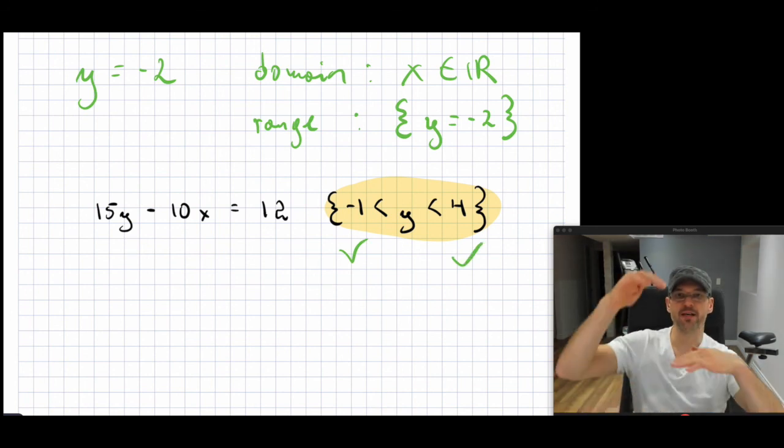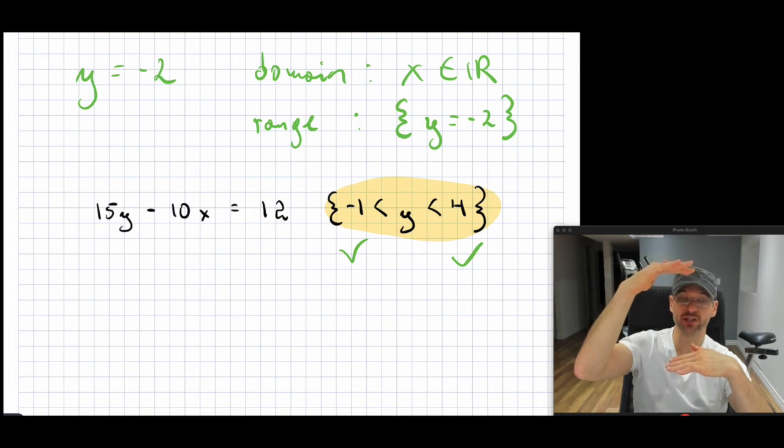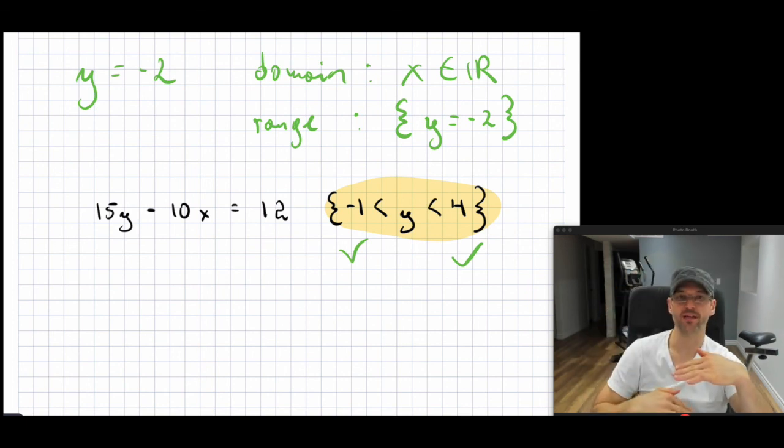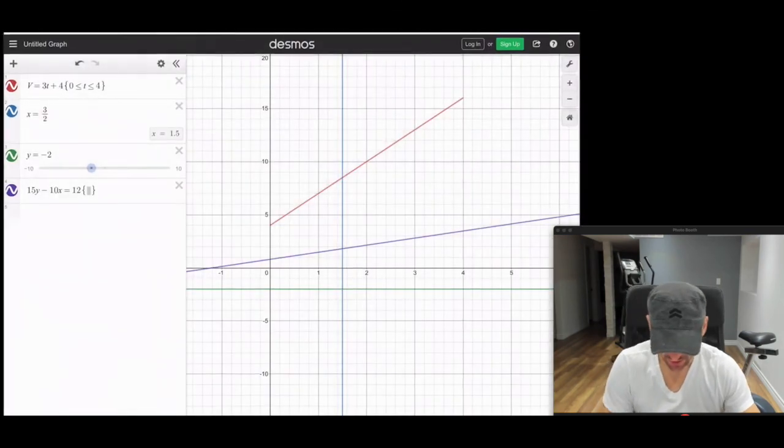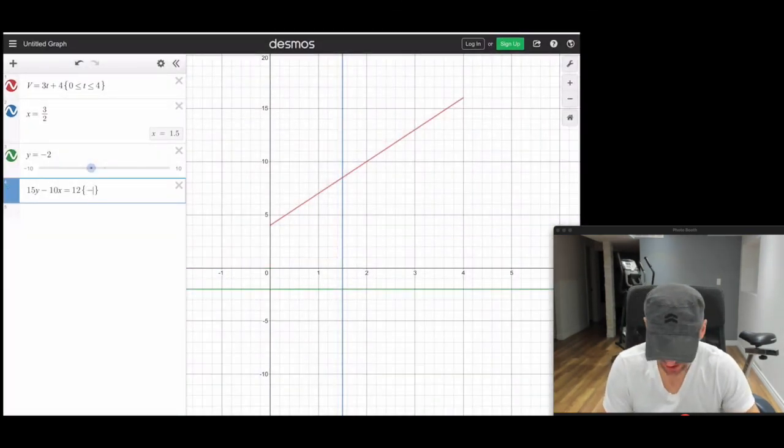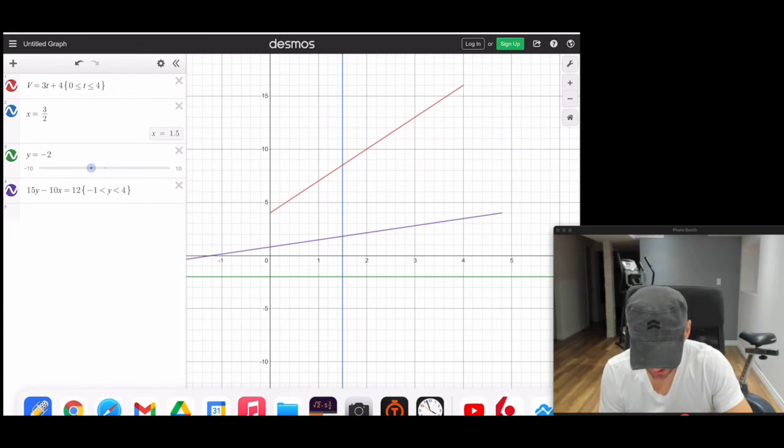That means my range can only be between -1 and 4. That's clearly going to also restrict my domain, my inputs. So my domain won't be able to be outside of certain boundaries. So this is -1 less than y less than 4. Let me do that.